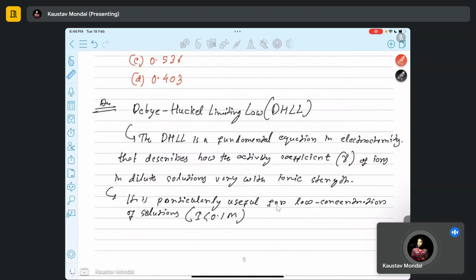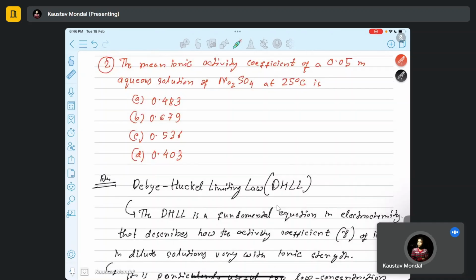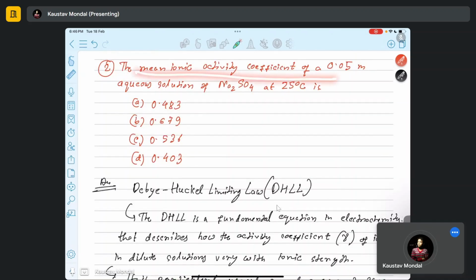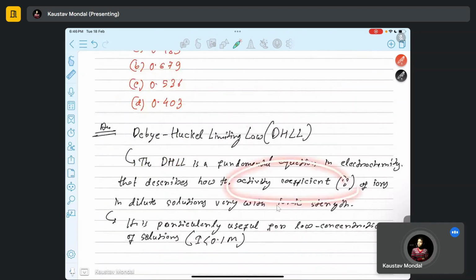This is a fundamental equation in electrochemistry, describing how the activity coefficient, represented as gamma of ions in dilute solution, varies with ionic strength. In the question itself we have to find the mean ionic coefficient for an aqueous solution. So how is this activity coefficient calculated in a dilute solution having a defined ionic strength?